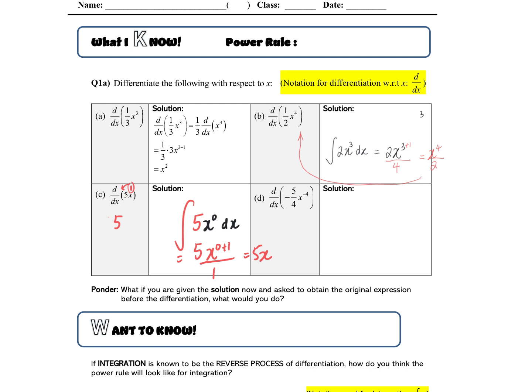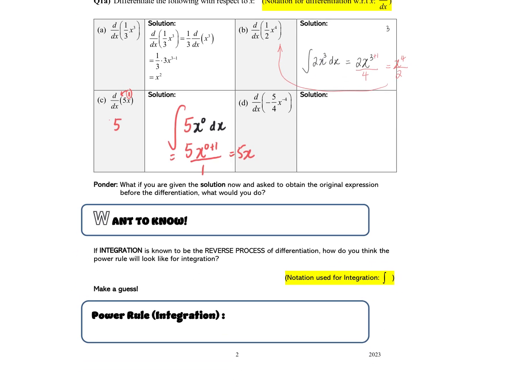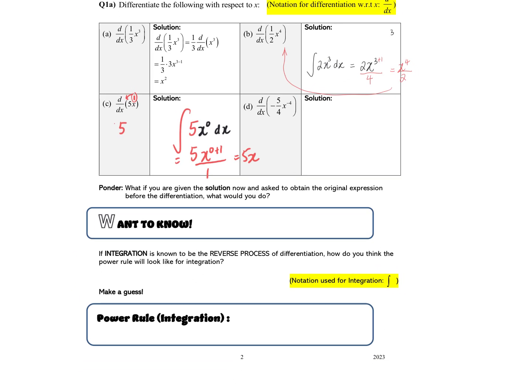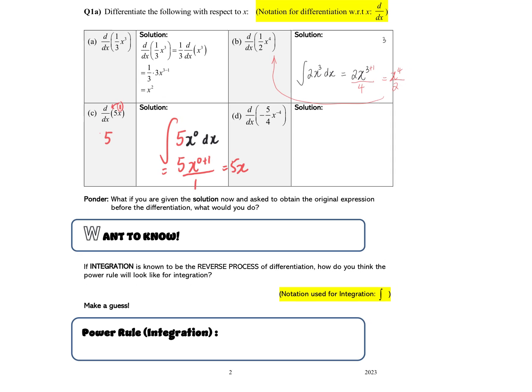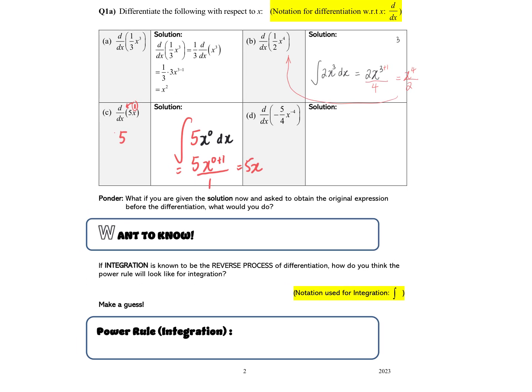So everything that you have learned previously is just the reverse. Instead of multiply, we divide. Instead of subtracting the power, we add. Okay? So what we can do here is this. Power rule was bringing the power down, right? But integration is we add power by 1.